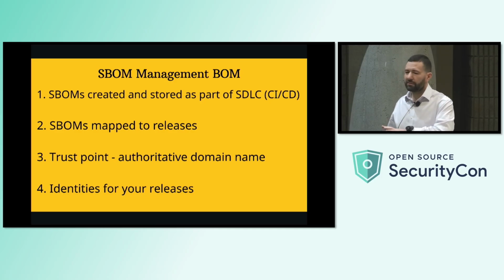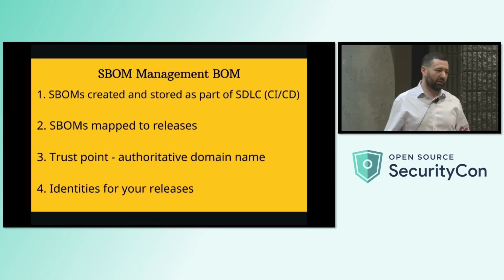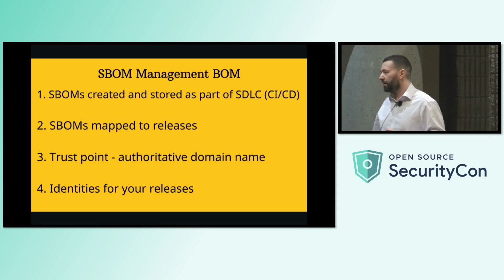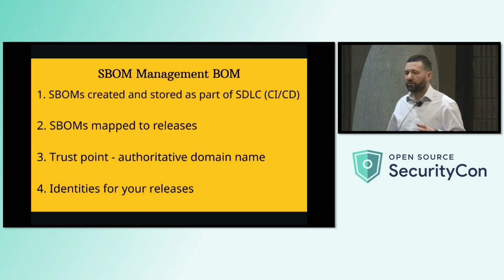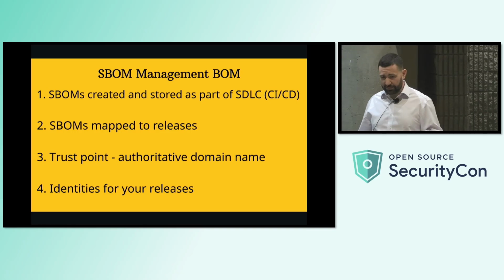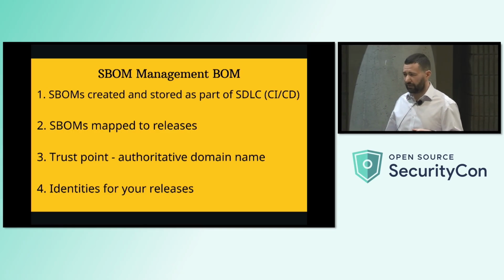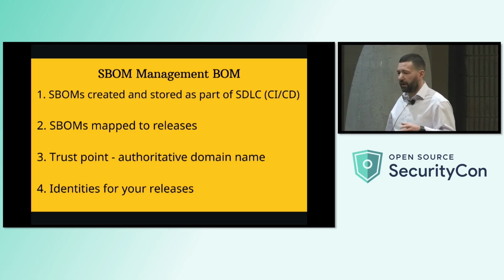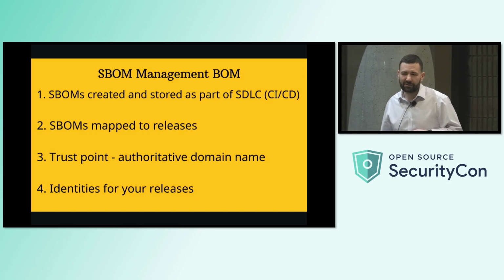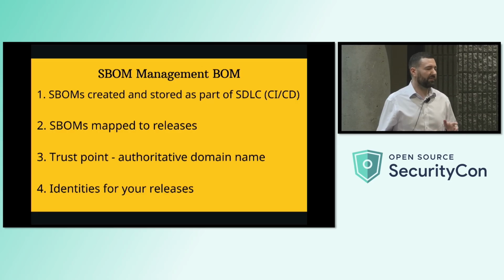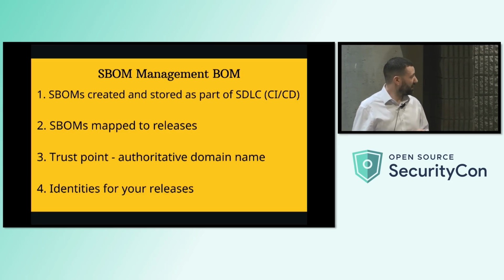Second, and I'll speak of this a lot, your SBOMs need to be mapped to releases, which we don't see all the time. You need a trust point, an authoritative website, and you need it not only for this, but there are other requirements in the CRA specifically that need it, like security.txt, potentially other things. Finally, you need to identify your releases. These are the things that you need. Now we discuss how we get there.